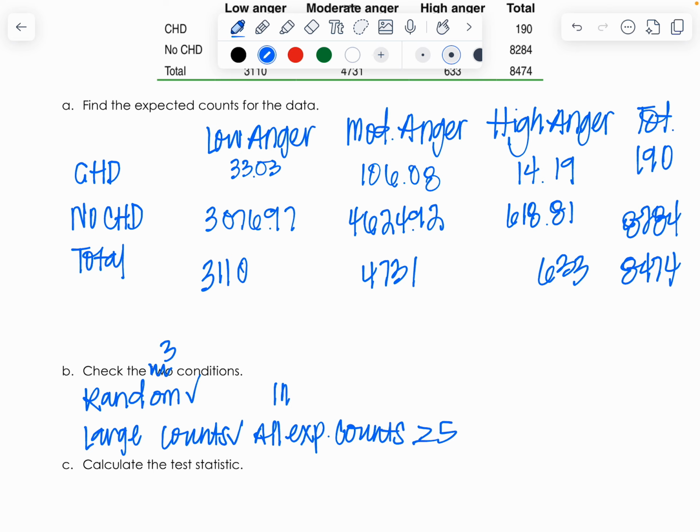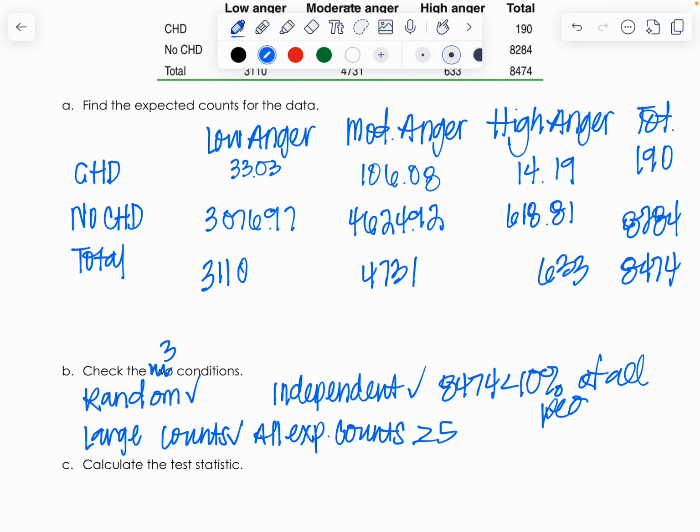And then independent trials, because 8,474 is less than 10% of all people with normal blood pressure.